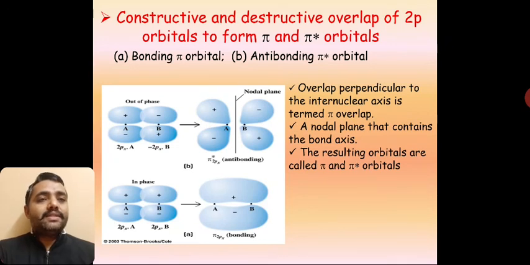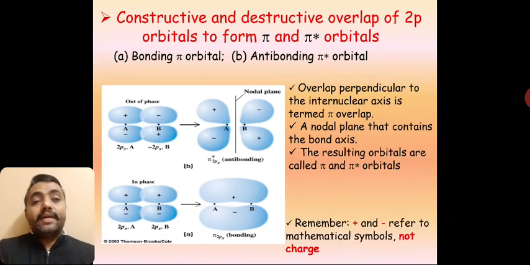We can discuss it as lateral overlapping. There is a nodal plane that contains the bond axis, and the resulting orbitals are called pi and pi star. Remember, this point is very important: plus and minus refer to mathematical symbols, not charges.